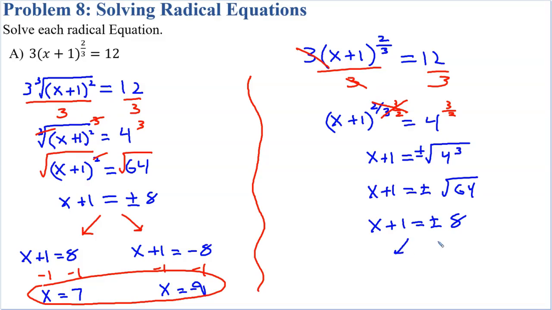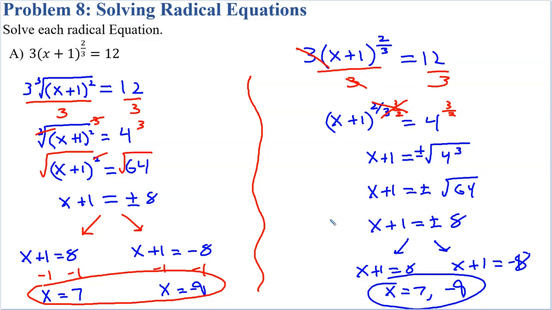And then once again, we have two equations to solve. x plus 1 equals 8, and x plus 1 equals negative 8. And again, we end up with x equals 7 and negative 9.